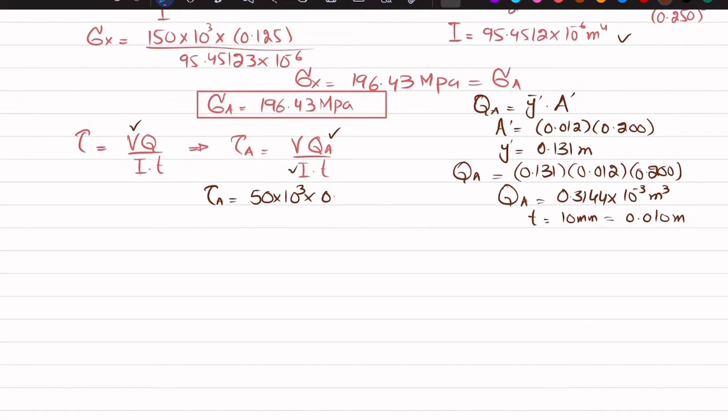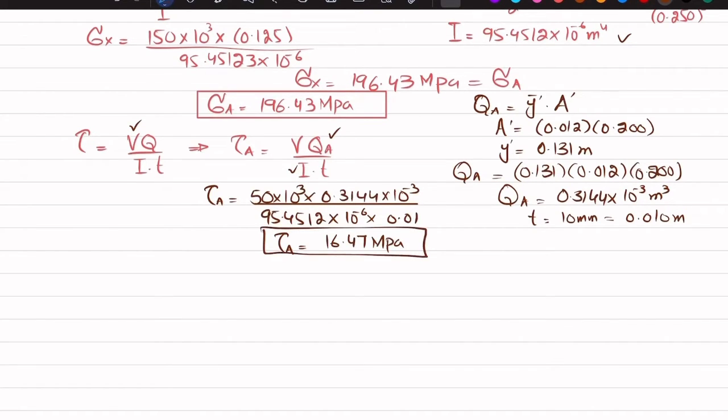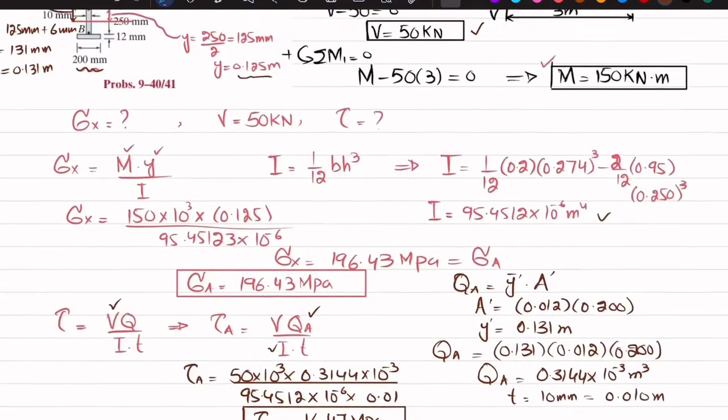Q is calculated as 0.3144 into 10 raised to power minus 3. I, which we have calculated, was 95.4512 into 10 raised to power minus 6, and thickness is 0.01. So when you calculate it, you will get shear stress at point A comes out to be 16.47 megapascal.